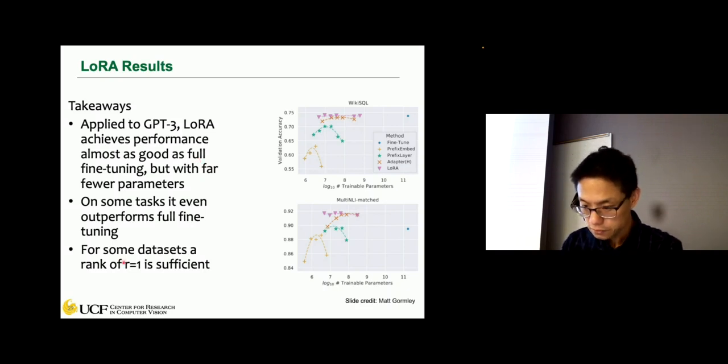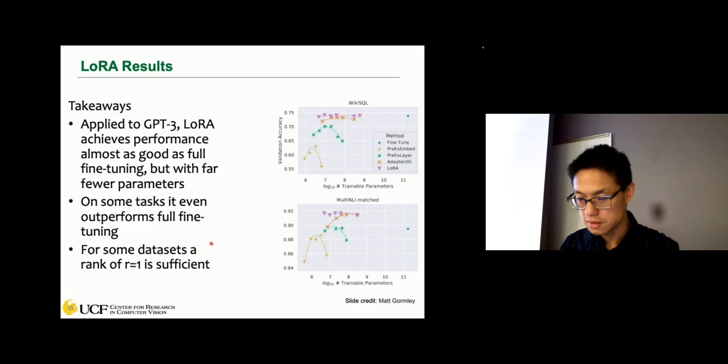That's why they also observed that on some tasks it even outperformed full fine-tuning. Maybe for some tasks the data is not that significant, so tuning only a small number of parameters reduces the overfitting risk and gives better performance than full fine-tuning.